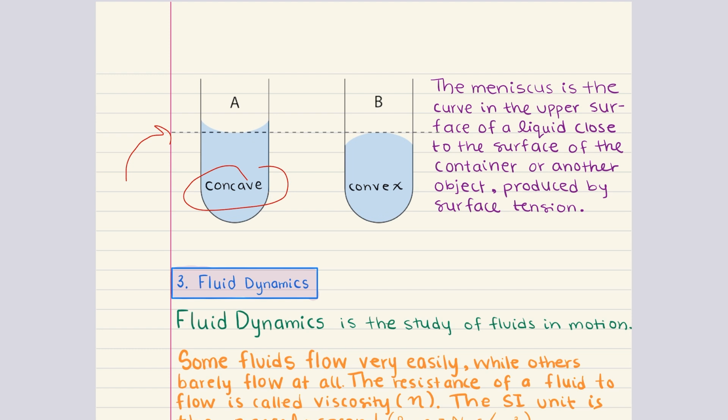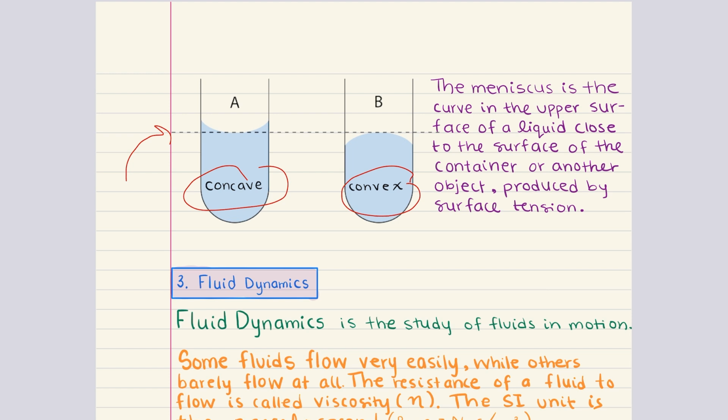This is seen with water in a glass tube, and this causes the liquid to climb up the sides of the container. In contrast, a convex meniscus occurs when cohesion is stronger than adhesion, as seen with mercury in glass where the liquid curves downward.